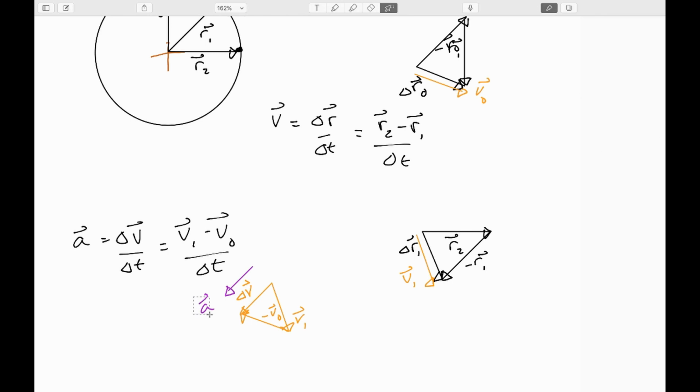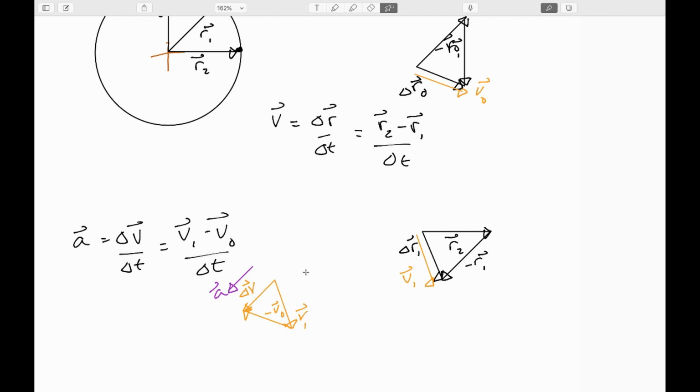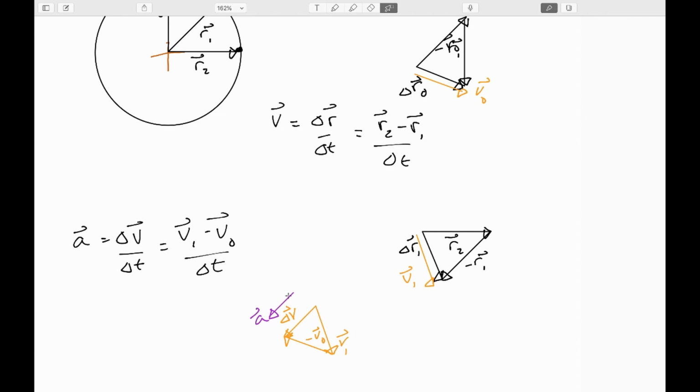All right, so just for the grins here, let's go ahead. There. So just for the grins, after I move everything, there we go.